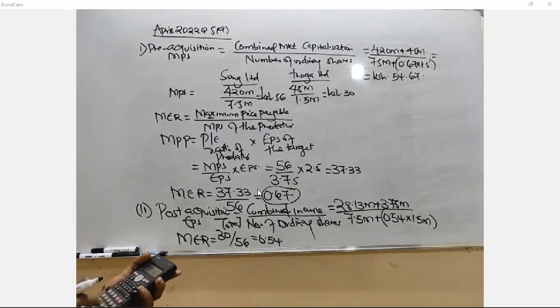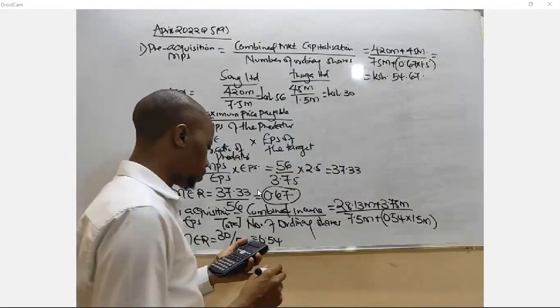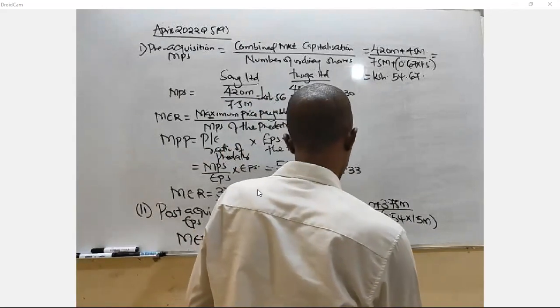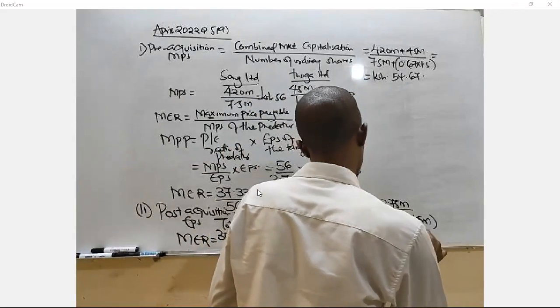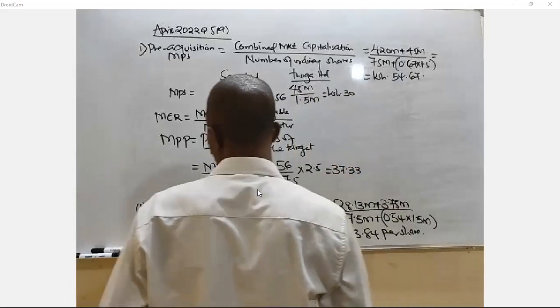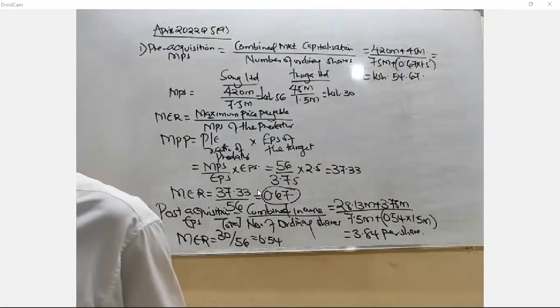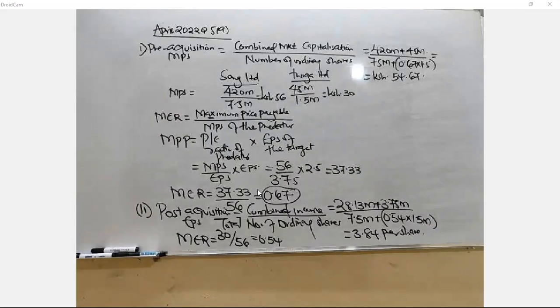So 28.13 plus 3.75 divided by 8.31 gives something closer to 3.84 per share.